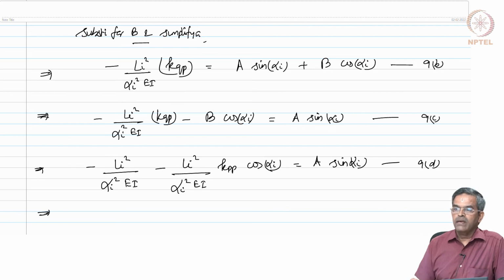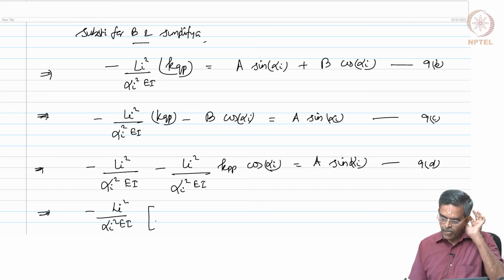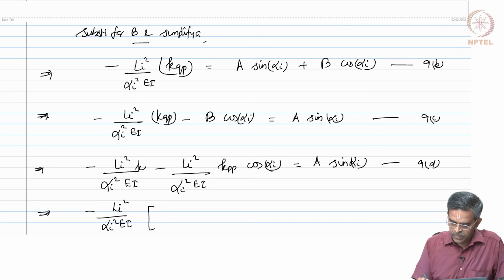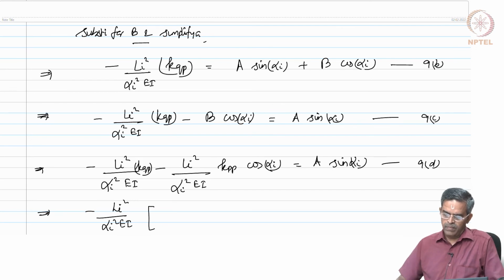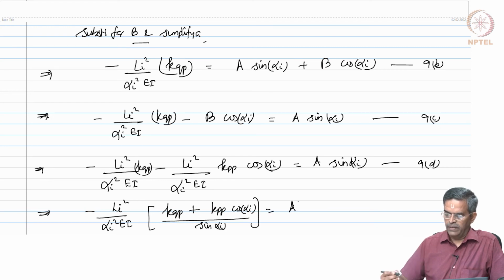So, now I can say minus Li square by alpha I square Ei of, oh, there is KQP here, KQP plus KPP cos alpha I divided by sin alpha I is A. Can I say that?